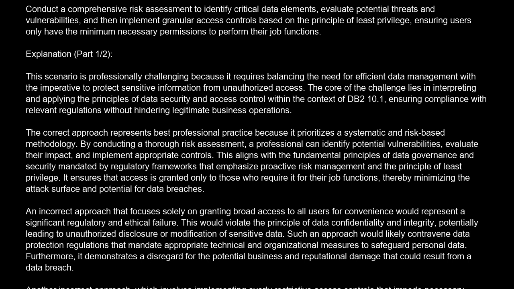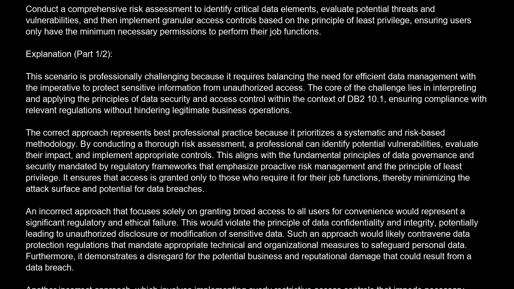By conducting a thorough risk assessment, a professional can identify potential vulnerabilities, evaluate their impact, and implement appropriate controls. This aligns with the fundamental principles of data governance and security mandated by regulatory frameworks that emphasize proactive risk management and the principle of least privilege. It ensures that access is granted only to those who require it for their job functions, thereby minimizing the attack surface and potential for data breaches.